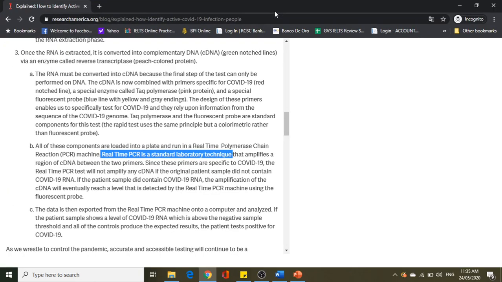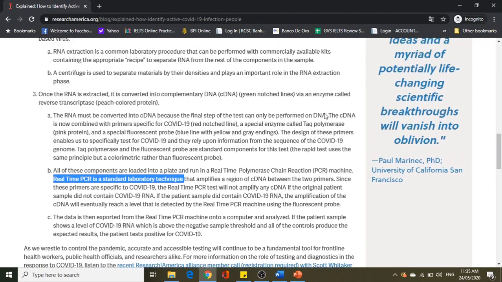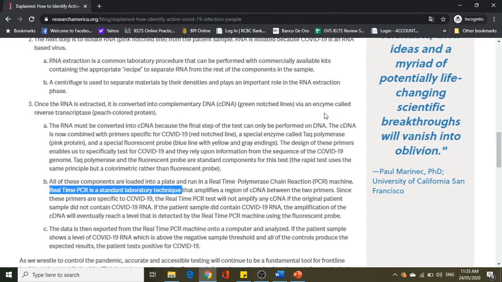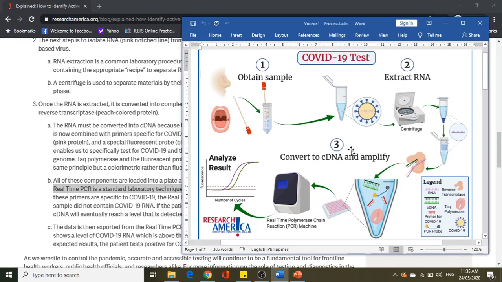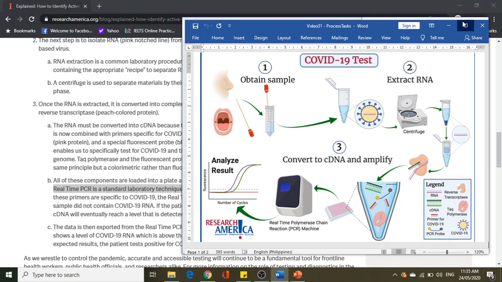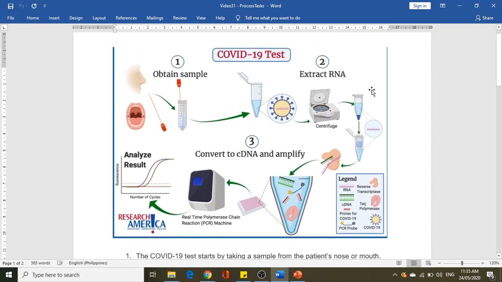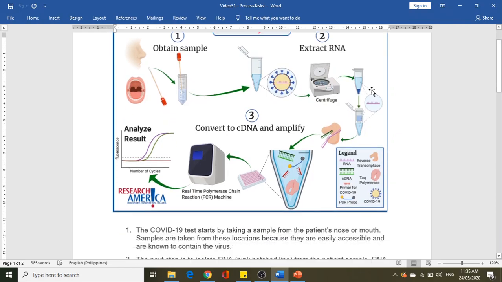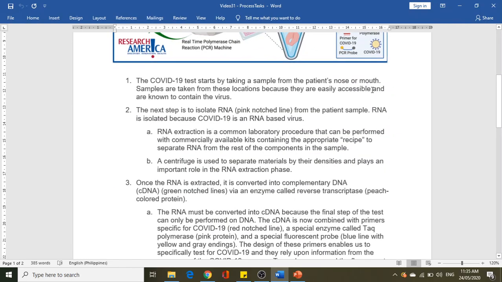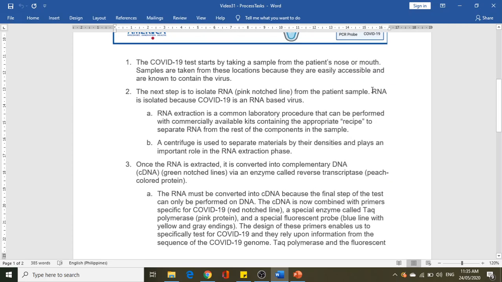You can pause the video at this point just to look at this process task over here, and then let's now take a shot of the entire description.